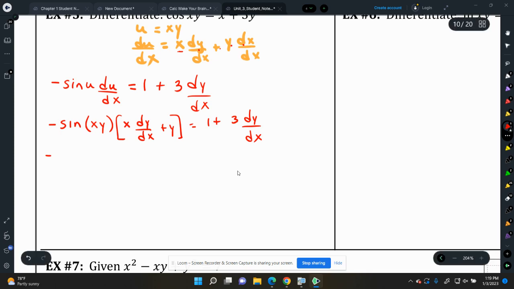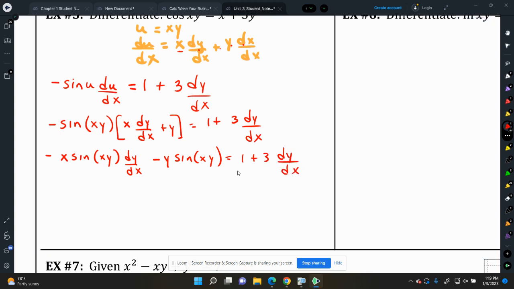Okay, so we have negative x sine xy dy dx minus y sine xy is 1 plus 3 dy dx. I need to get that dy dx all to one side.